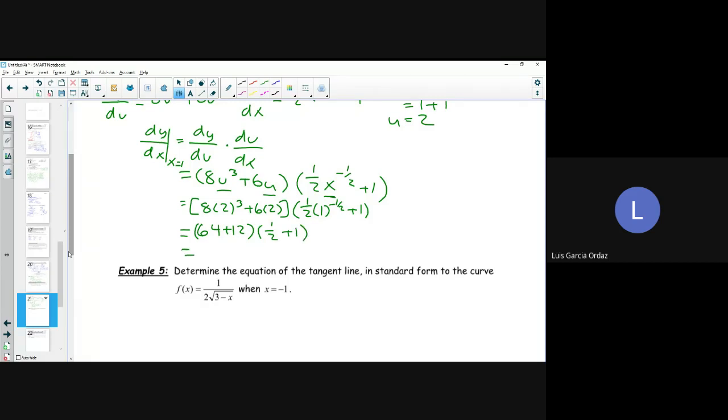So I get 76 times 3 over 2. So when I simplify 76 multiplied by 3 over 2, what do I get as my answer? 114.